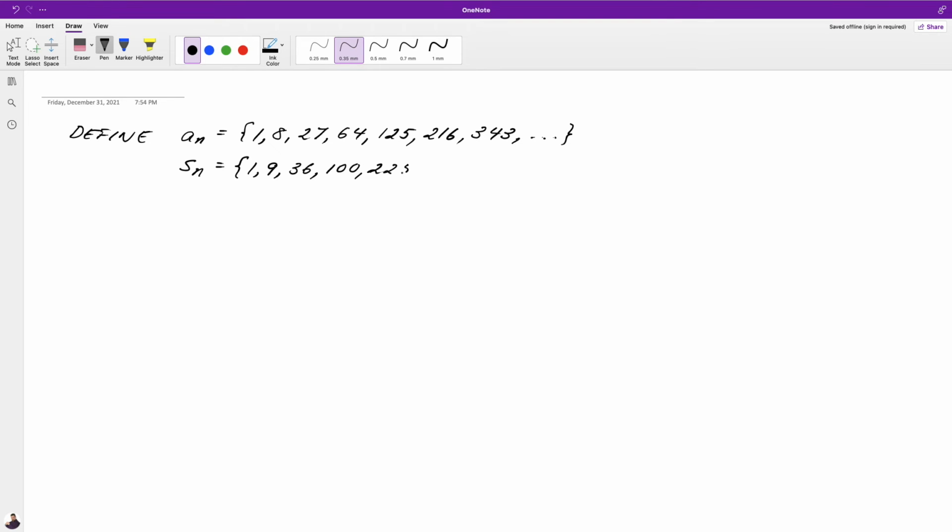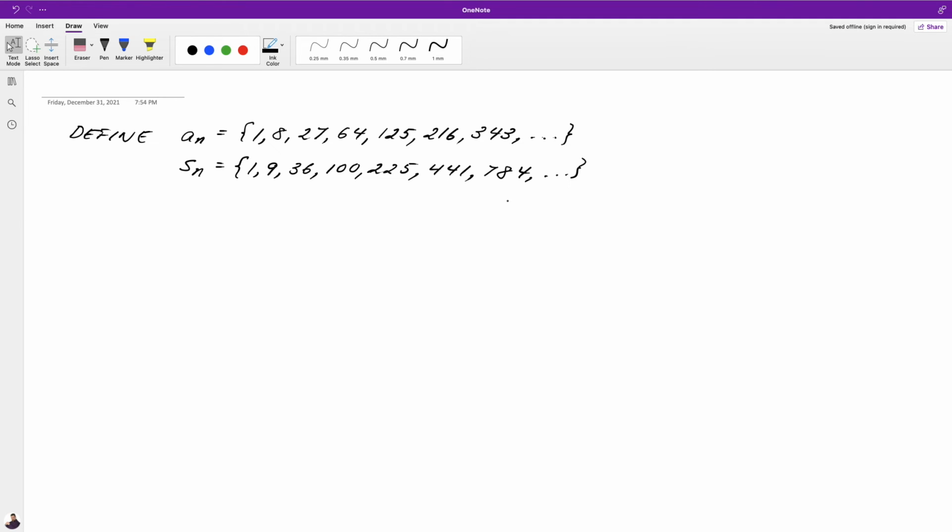Then 225, 441, 784, and so on and so forth. Well, we might actually be able to see what is happening already. I mean, this is 1 cubed, 3 cubed, 6 cubed, 10 cubed, 1 squared, 3 squared, 6 squared, 10 squared, 15 squared, and so on and so forth.